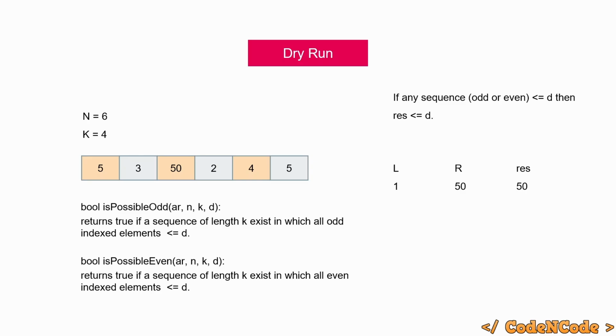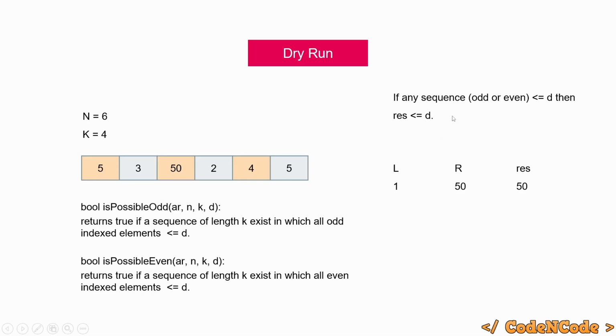How do you do that? You know the result will be in this range, so find the mid of it, which is 25. So now, can 25 be the answer? 25 can be the answer if either all of the odd elements of the four-length subsequence are less than or equal to 25, or all of the even elements of the four-length subsequence are less than or equal to 25.